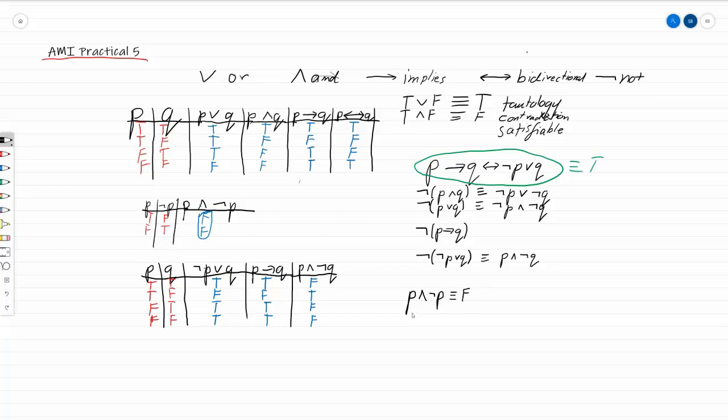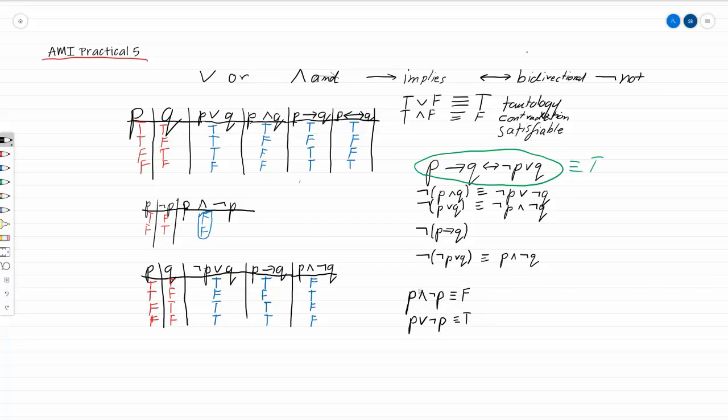If we have something like P or not P, that will always be a tautology, because this will always be true. If P is false, the opposite one will be true, and the OR will take that and say it's true. If P is true, we'll just take that, even though the other one will be false. But with the top one, they'll never ever be both true. That is impossible. So that's why that one will not work out.